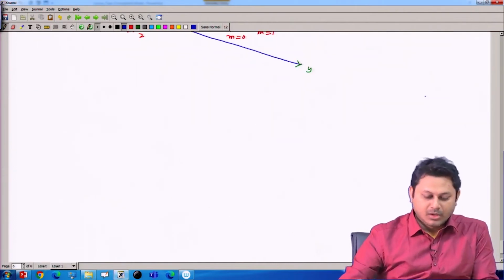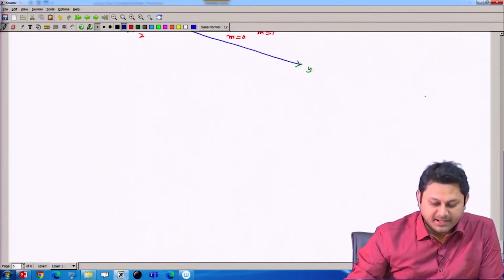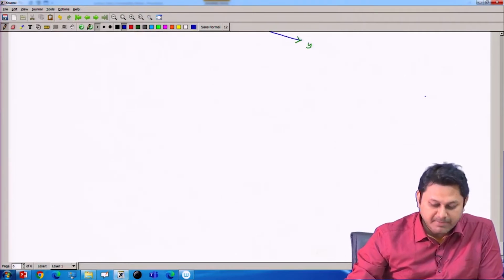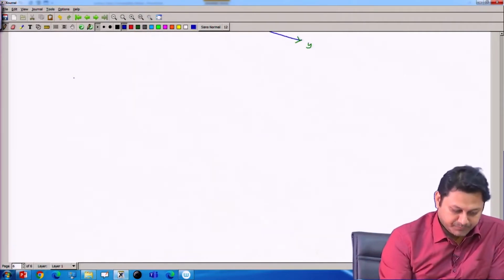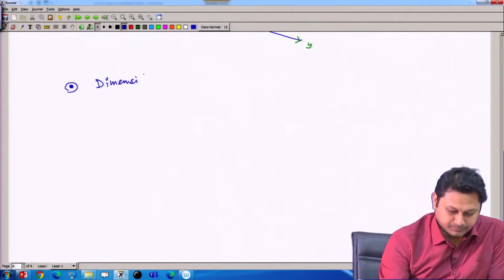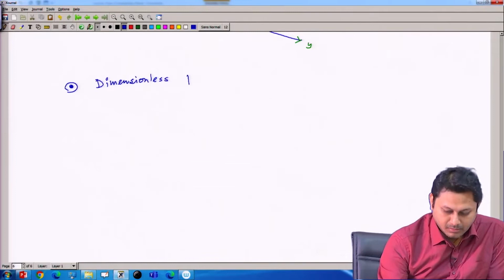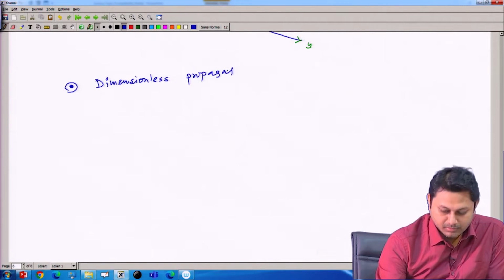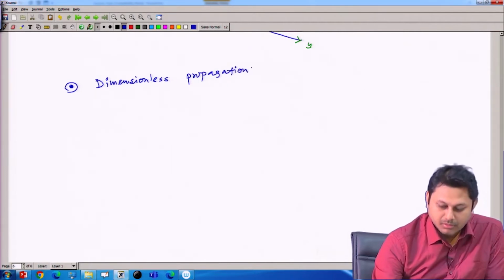Okay. Now, we are going to introduce an interesting parameter called the B parameter, which is dimensionless in nature. It is called the dimensionless propagation constant.